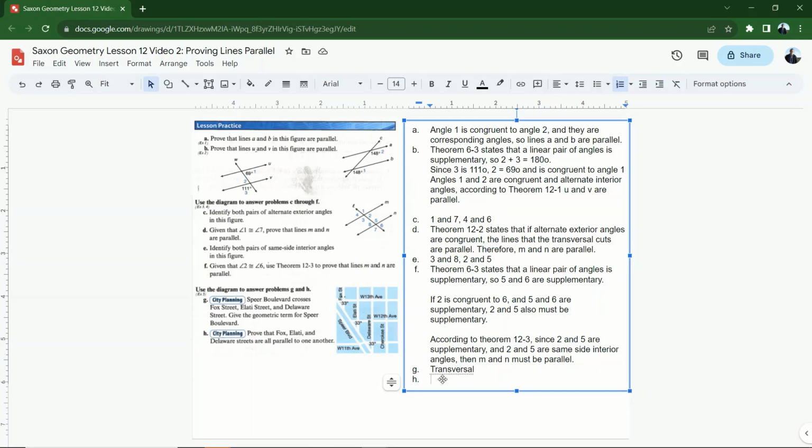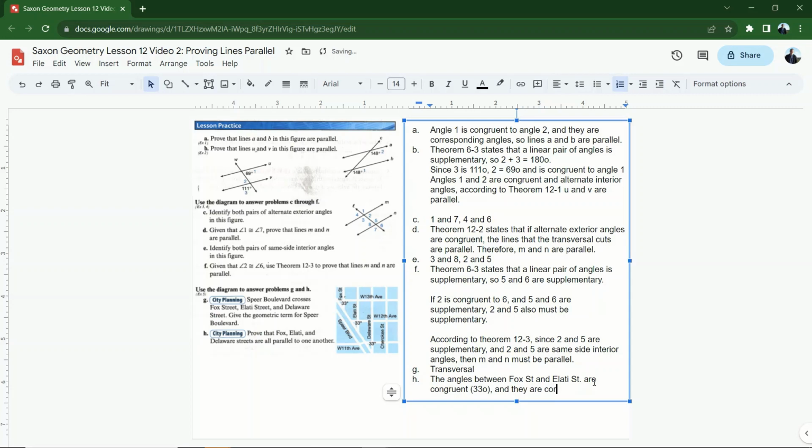Now, we can prove that the streets are parallel to one another, and the way that I'm going to do that is using corresponding angles. I'm going to say the angle between Fox Street and Elati Street, I should say the angles are congruent, 33 degrees.